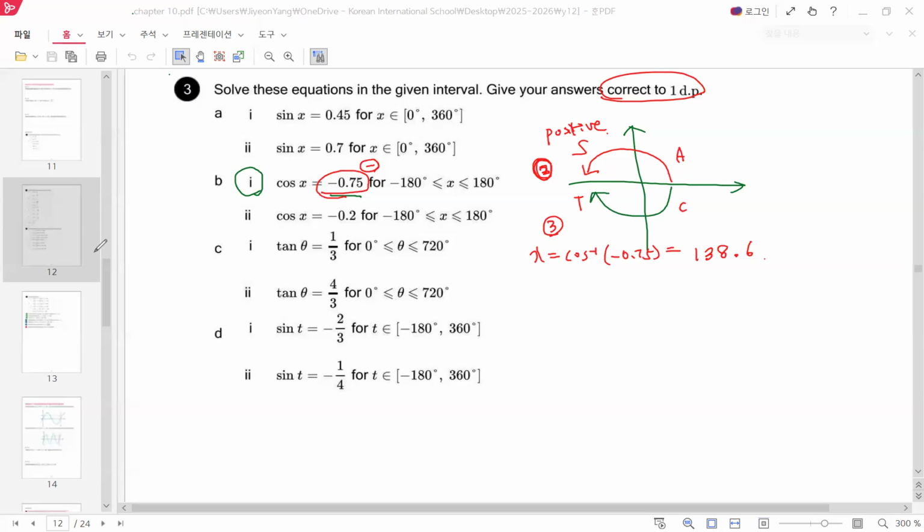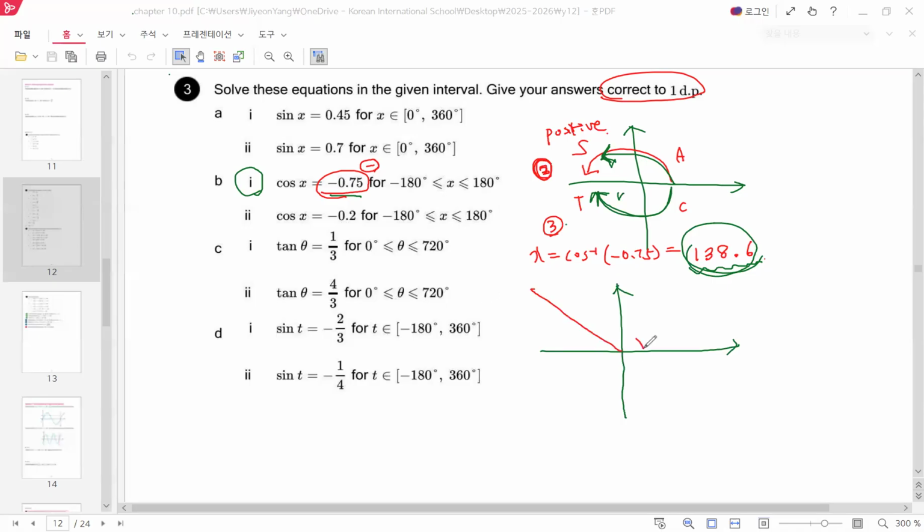And the third quadrant angle is a negative one, right? Because it's here. You need to find angle here and here. And 138.6 is this one, already exists, the second one, so this one should be one of the answers. Secondly, you need to find the angle, which is located on the third quadrant in the negative direction.